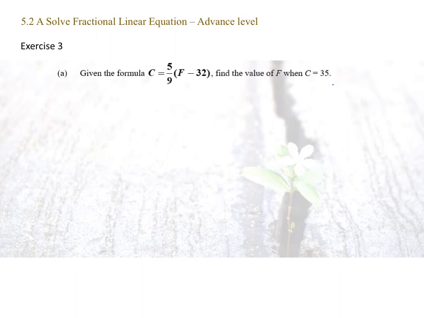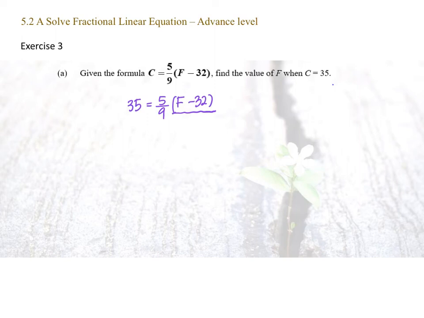Up next, exercise 3a. Now, given the following formula, find the value of f when c is equal to 35. So now I know that the value for c is 35, so I'll replace it with the number, and this is 5 over 9 times f minus 32. So technically this whole portion belongs to the numerator.